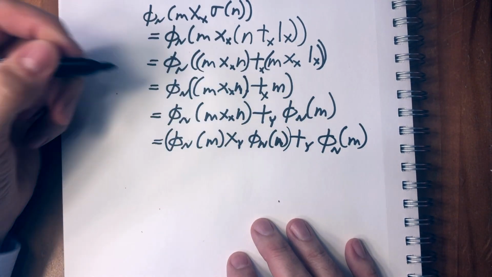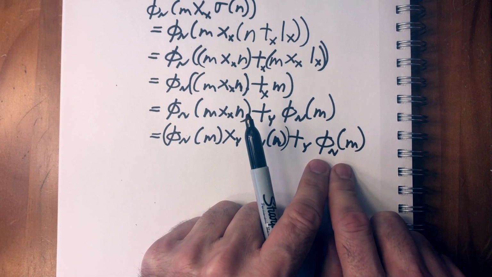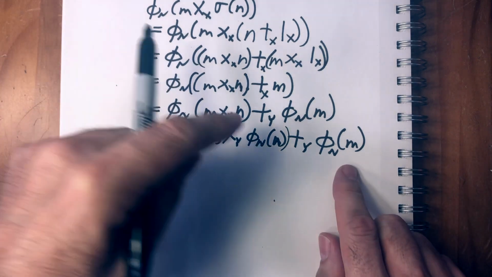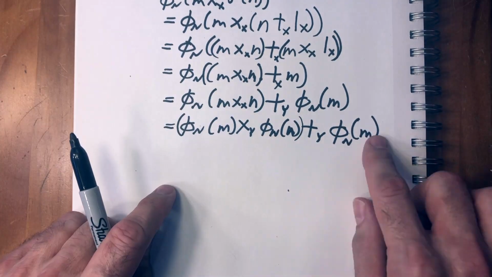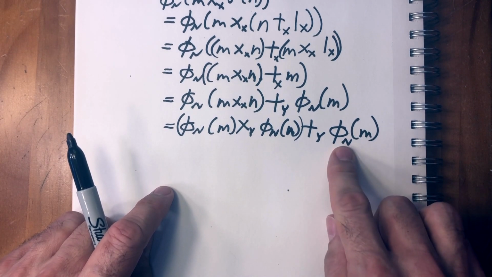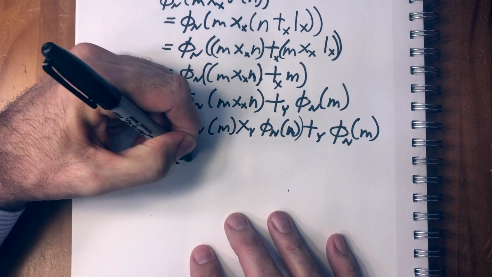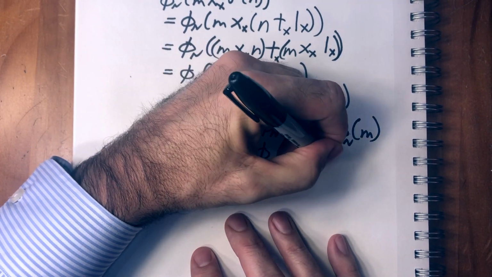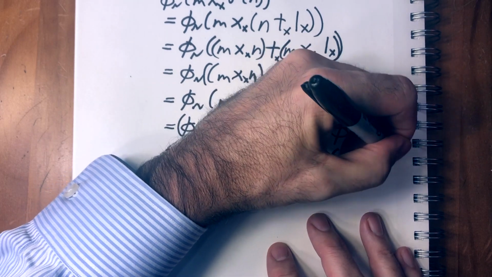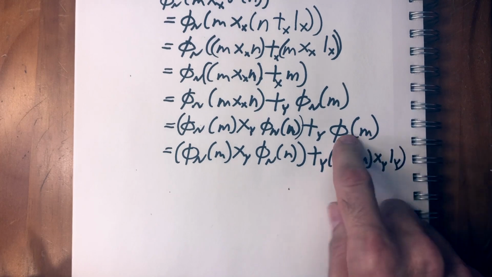parentheses around these. So now it gets interesting, because now what we're going to do is reintroduce 1 back into this equation so we can get to the successor function. So anything in y times 1 is the same. So we can rewrite this, because m times 1 equals m.